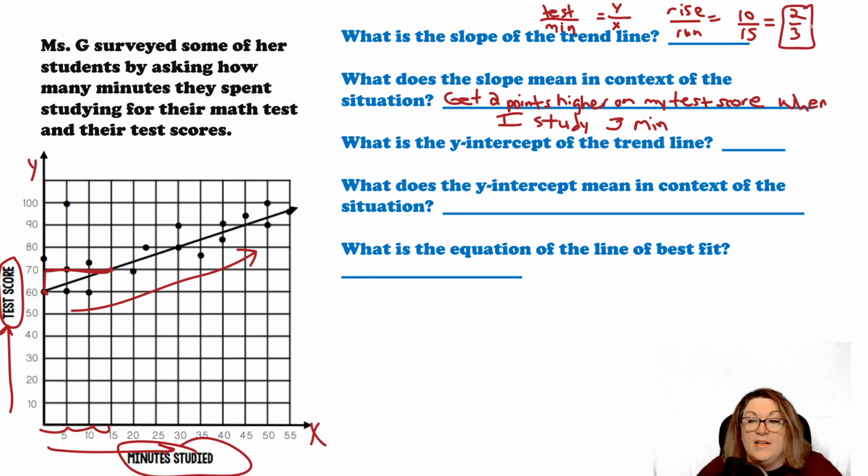Okay, so that's what this means. 2 points more for every 3 minutes that I study. And I know this because the minutes are the x and the y is the test score, right?